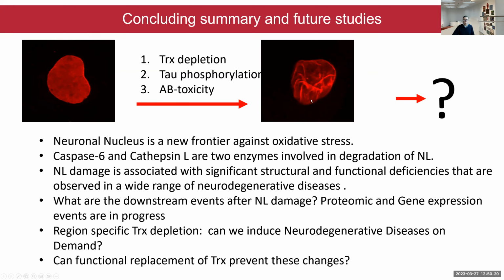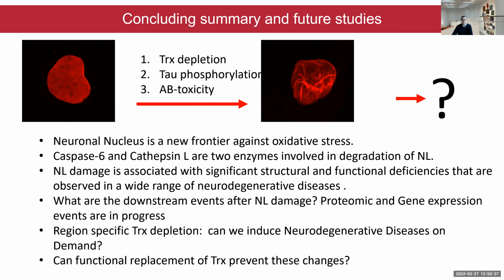The other model is our knockout animal, which is a really interesting model. The other model that we have is a thioredoxin model that has a trap protein.